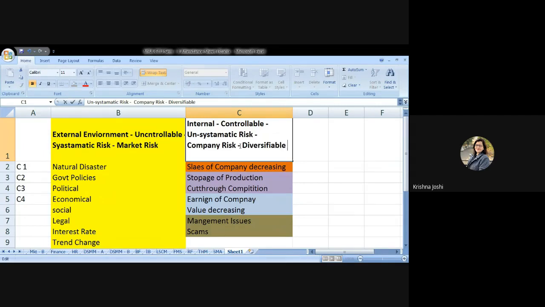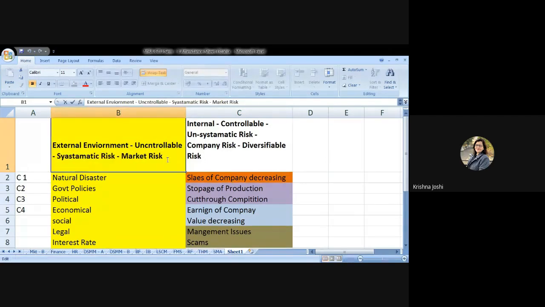Unsystematic risk is diversifiable risk, whereas systematic risk is non-diversifiable risk. I might make some spelling mistakes, please avoid them.